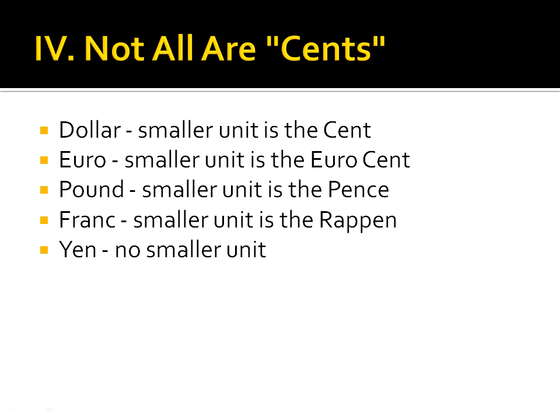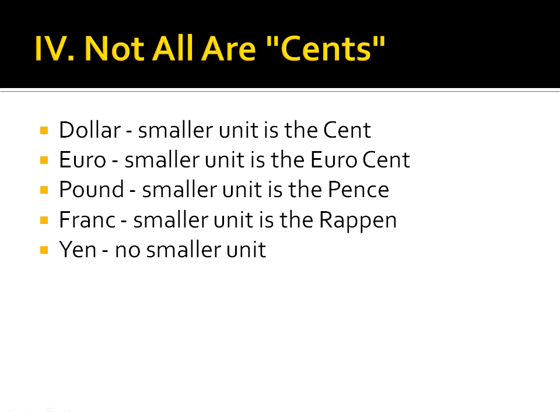The euro, the smaller unit, becomes the euro cent. For the pound, its smaller unit is the pence. So you'll have 1 pound, and 100 pence make up a pound. The franc, its smaller unit is the rappen. 100 rappen makes up 1 franc. And then as we discussed, the yen has no smaller unit. The yen is the small unit.